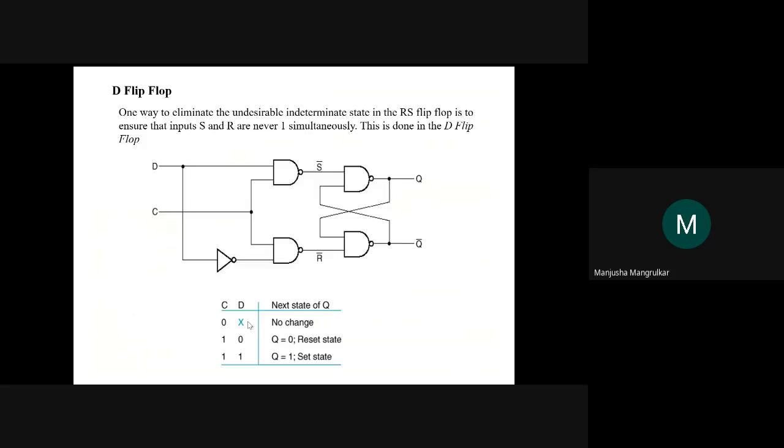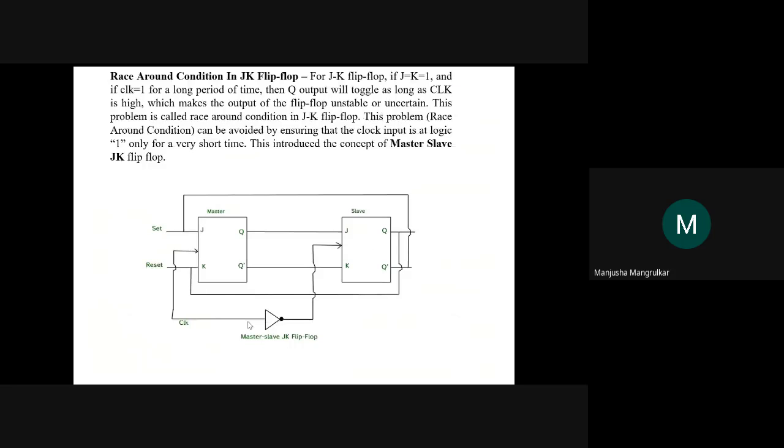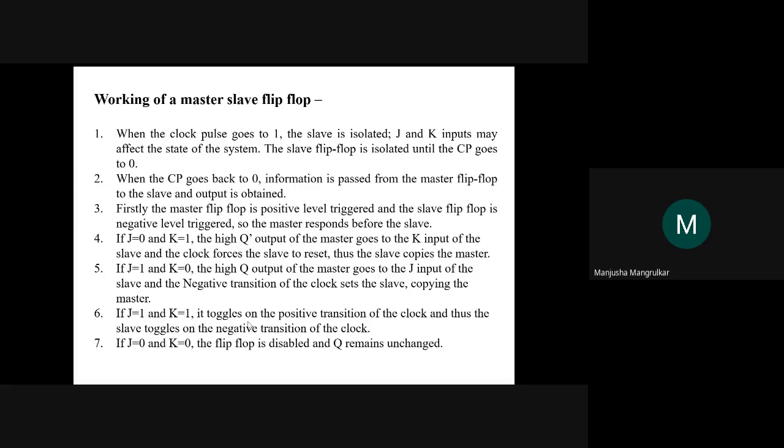So the slave flip-flop works with the negative level trigger and the master flip-flop works with the positive level trigger. So the master responds before the slave. If J is equal to 0 and K is equal to 1, the high Q output of the master goes to the K input of the slave, and the clock forces the slave to reset, and thus the slave copies the master output.